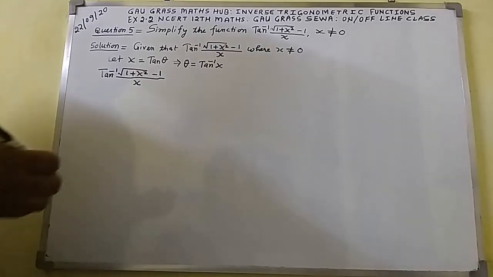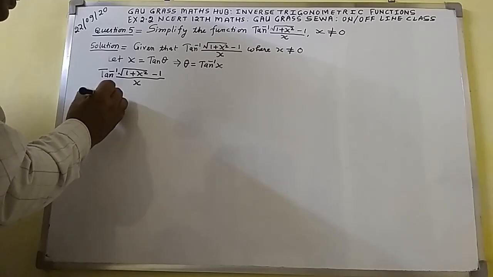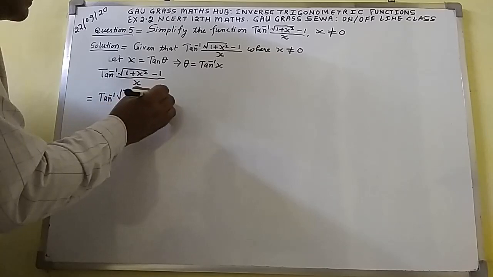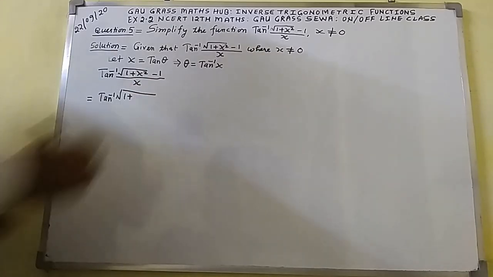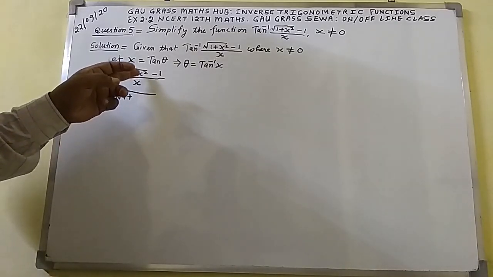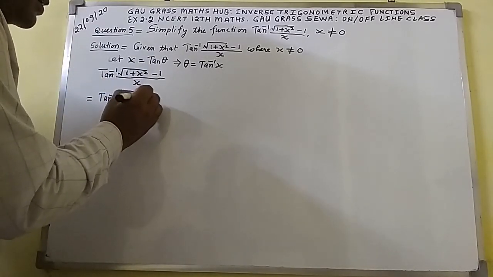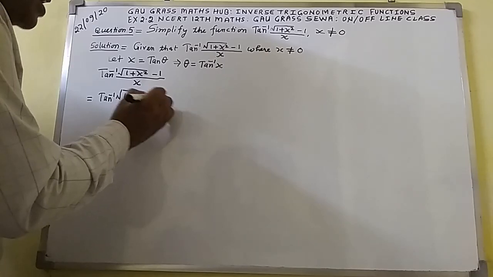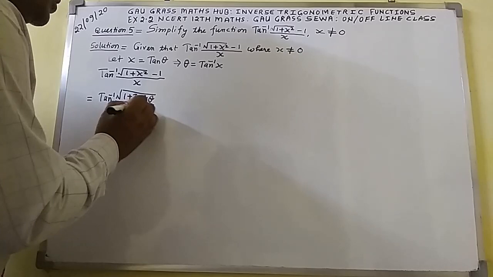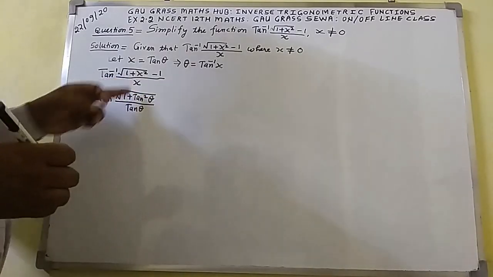Now what we'll do here: equal to tan inverse of under root 1 plus x square, and in place of x, I shall write tan theta. This will become tan square theta, whole over tan theta, because the value of x is tan theta.